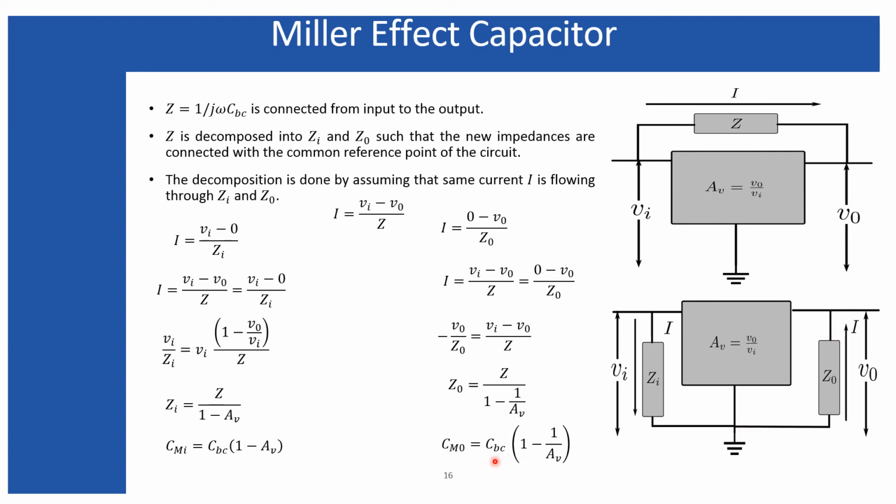Therefore, the CBC we can now decompose into two parts, one connected from the input terminal to the common reference point, and another from the output terminal to the common reference point. So in the next, I'm going to replace the CMI and CM0 in place of the CBC.